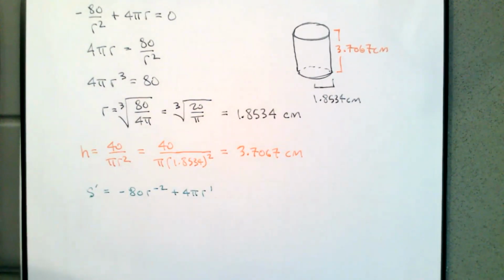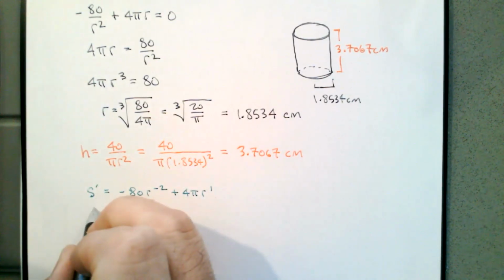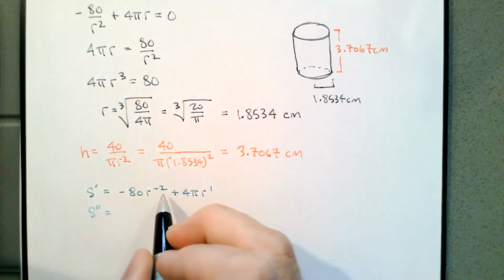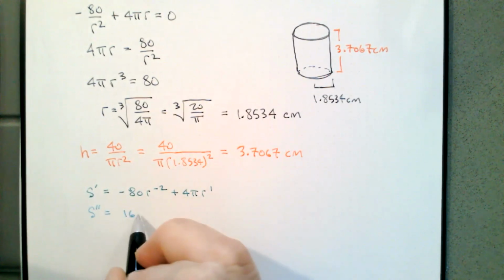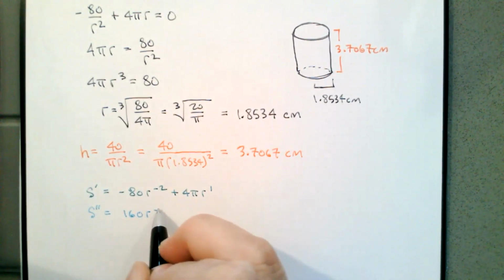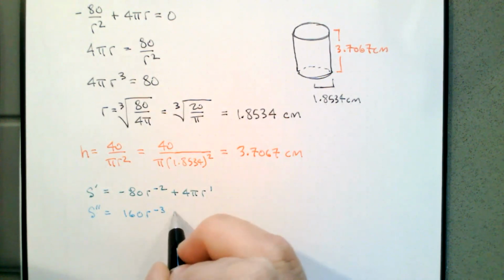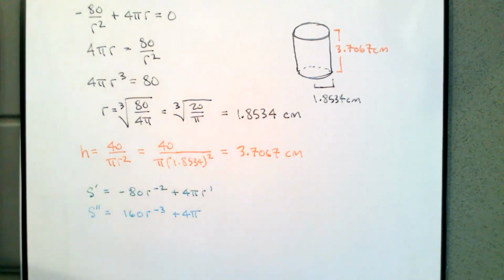If we take the second derivative, S double prime, we'll get positive 160 r to the negative 3 plus 4 pi.